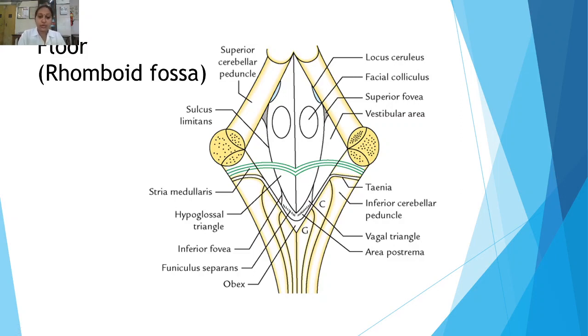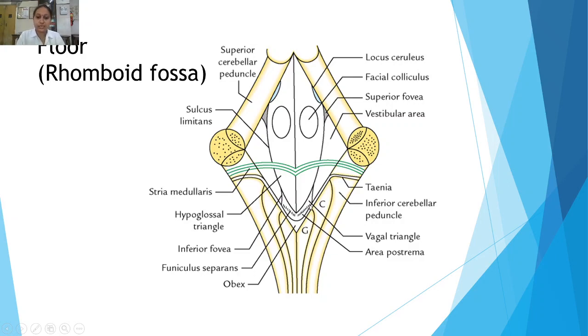This hypoglossal triangle overlies the hypoglossal nucleus, the nucleus of the hypoglossal 12th cranial nerve, and the vagal triangle. The vagal triangle is the area that overlies the nuclei of vagus, glossopharyngeal, and cranial accessory nerves, the three nerves. So this is the hypoglossal triangle. This is the vagal triangle.